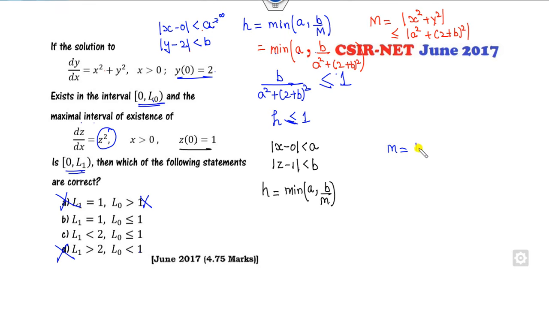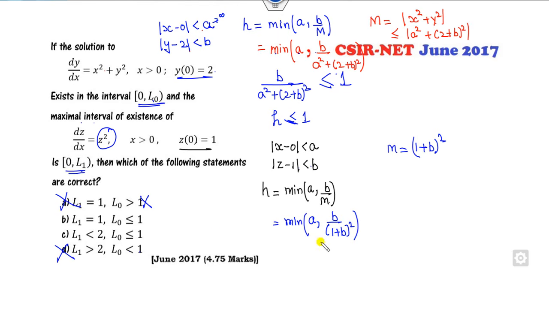So what is that? z is 1 plus b whole square. Fine. So what is that? It is the minimum of a, b over 1 plus b square. So clearly, what is the maximum value of this? Can you find the maximum value of this?